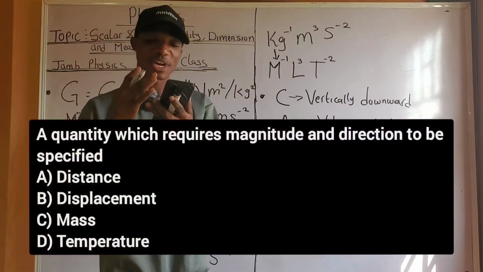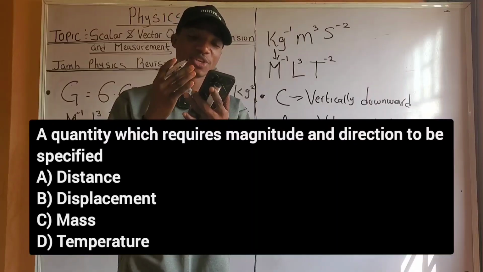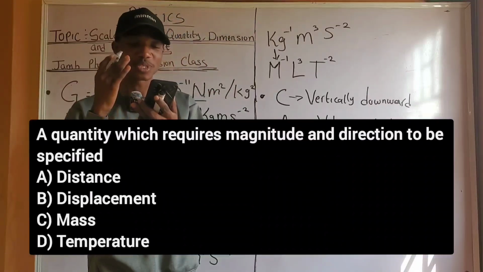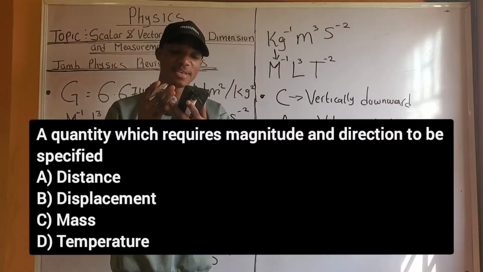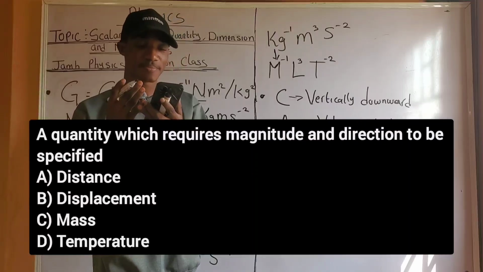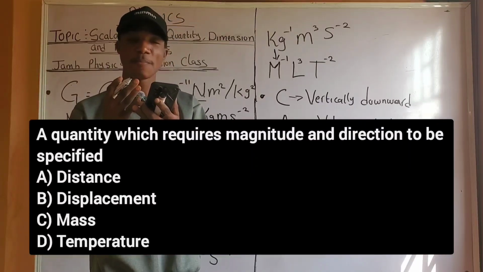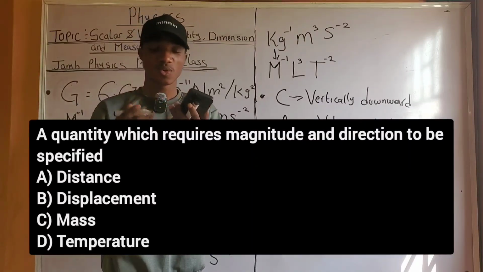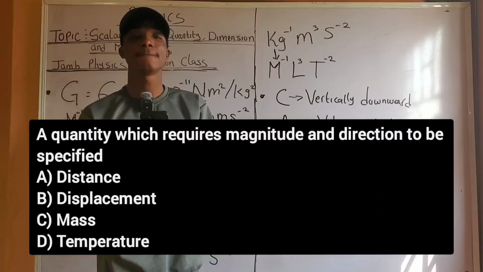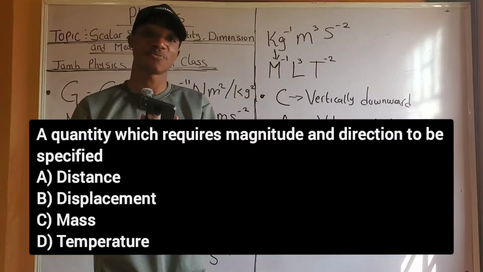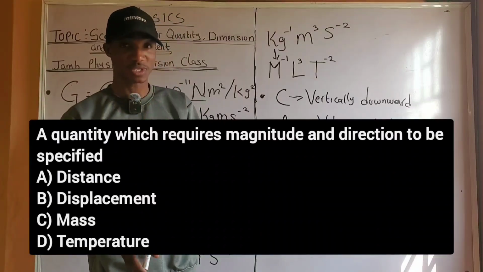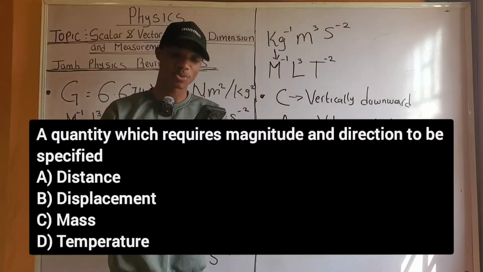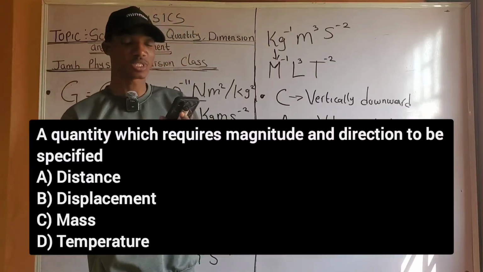A quantity which requires magnitude and direction to be specified is dash. A. Distance, B. Displacement, C. Mass, D. Temperature. Quantities that require magnitude and direction to be specified are called vector quantity, right? Yes. Now, among these options, which one is the vector quantity there?